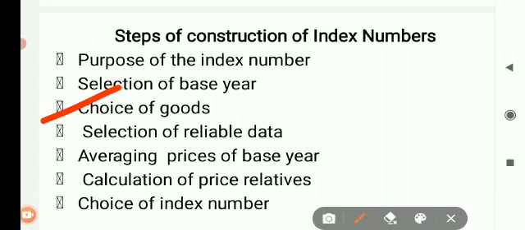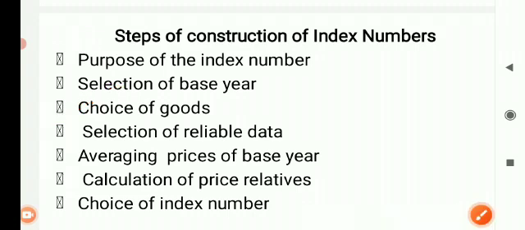If we are going to select residential commodities, or business oriented commodities, or capital oriented commodities, based on the activities happening in the economy, we are going to select various goods and services for the construction of index numbers.